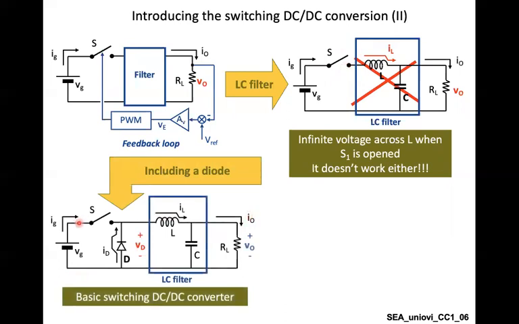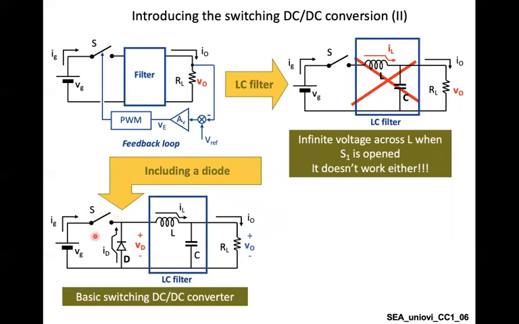So when the switch is turned on, now this diode is not working because simply the voltage here is greater than the voltage there. So the current is moving in the reverse direction, which means that the diode is an open circuit. And then the current is flowing in the coil and in the load, and the capacitor is charged.